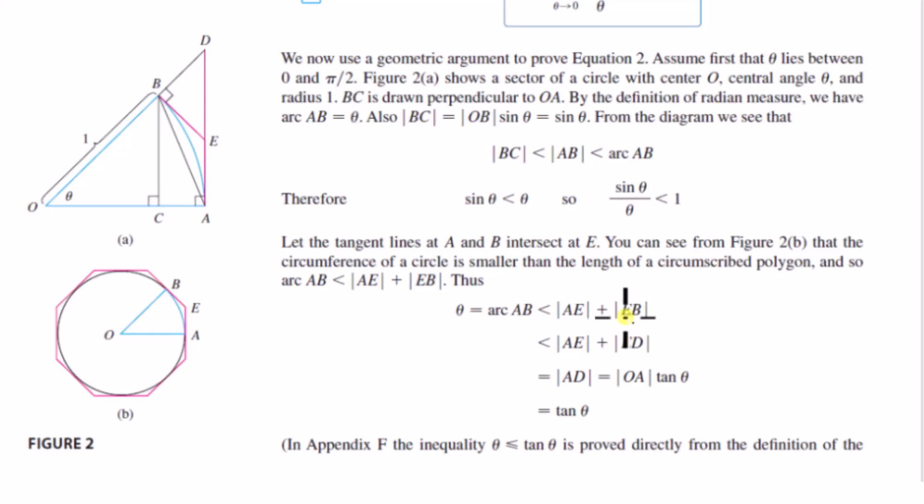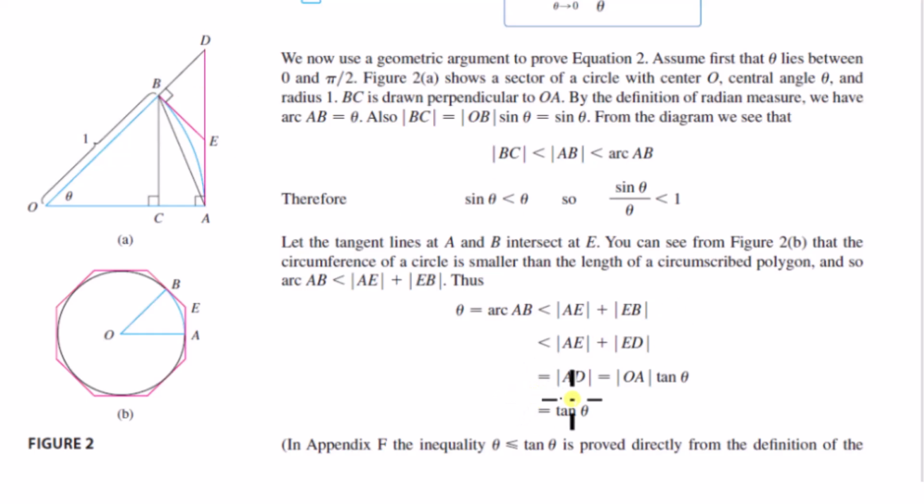And EB we can change to ED, because the inequality will still be satisfied: we know that ED is going to be greater than EB for sure. This inequality will hold because ED is the hypotenuse of a right triangle of which EB is a leg.